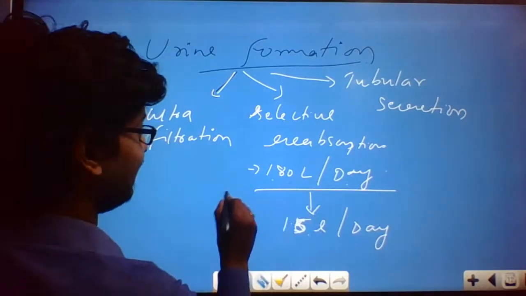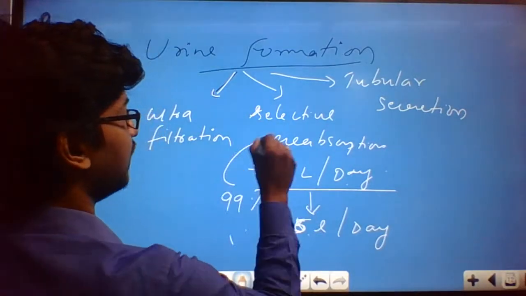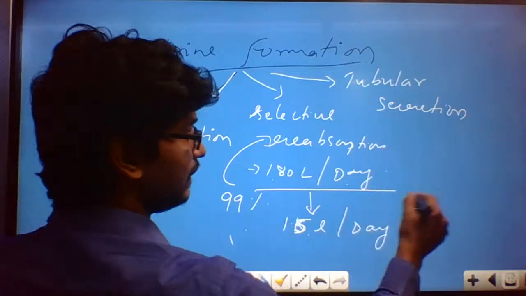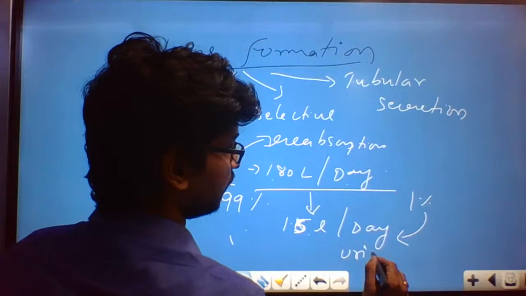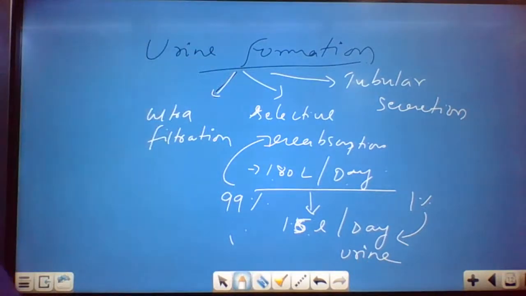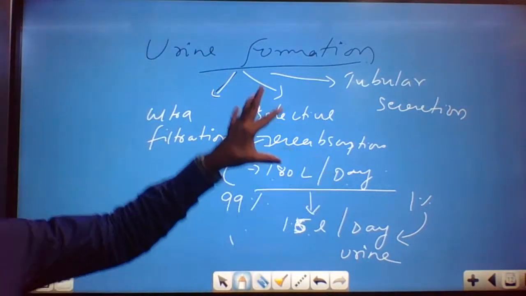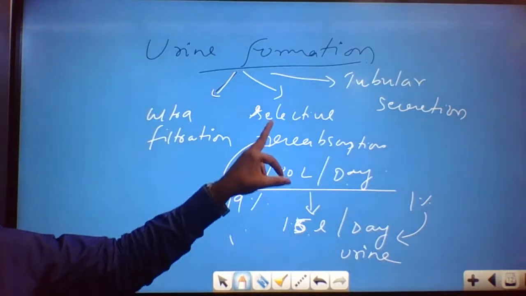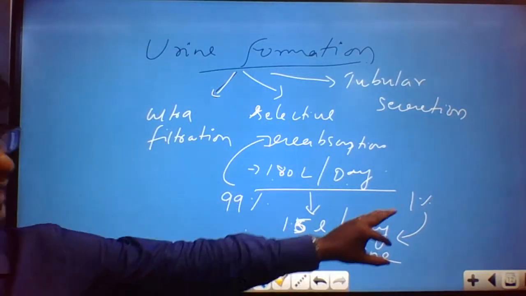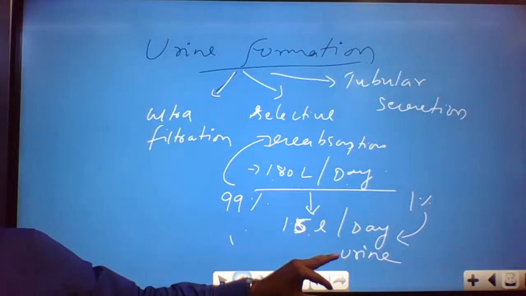So 99% is getting reabsorbed, and only the remaining 1% comes out in the form of urine. Note this: 180 liters per day in a normal healthy kidney is handled by selective reabsorption, and just 1.5 liters comes out as urine.